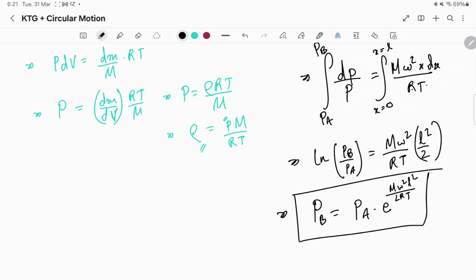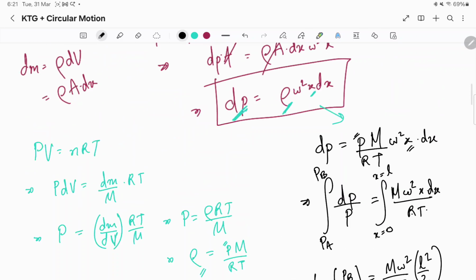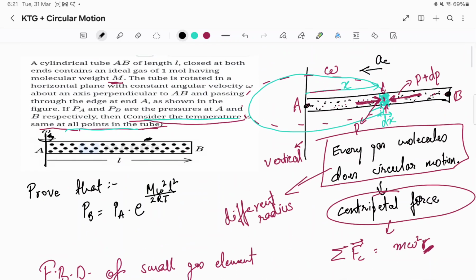So there were three important points which I would like to highlight in this question. First, for ideal gases, if pressure varies, the density will also vary. For every point density will be different, it will not be constant.